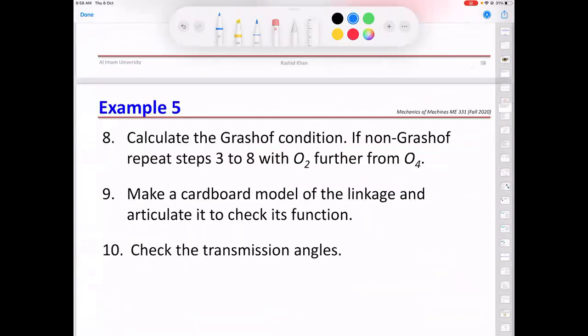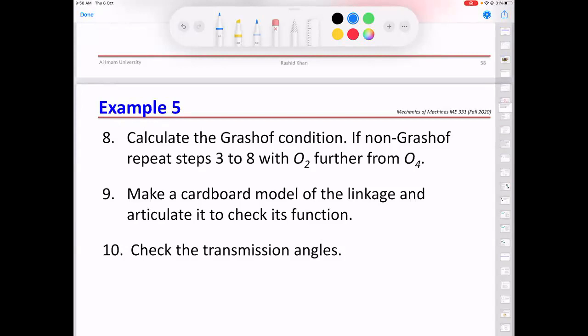We need to check the Grashof condition. The minimum is the crank, L2, and the maximum is L3, which is the coupler, 56.5.